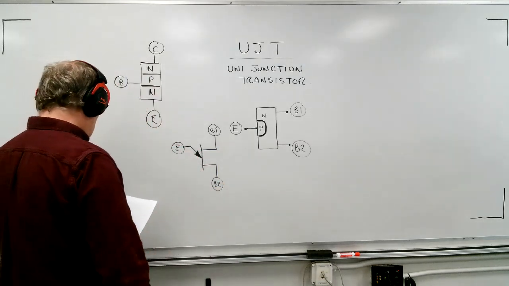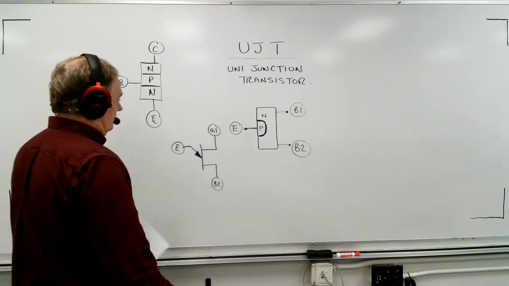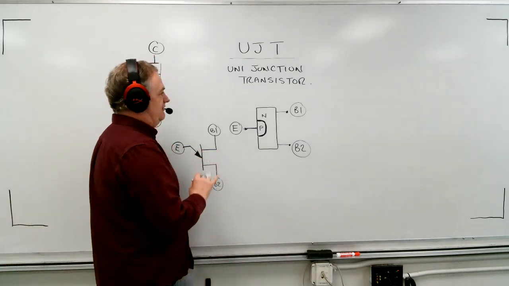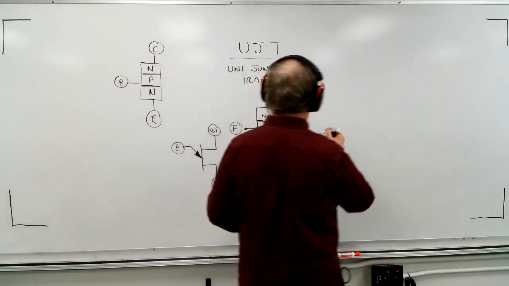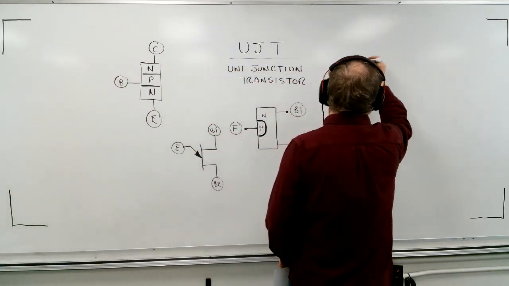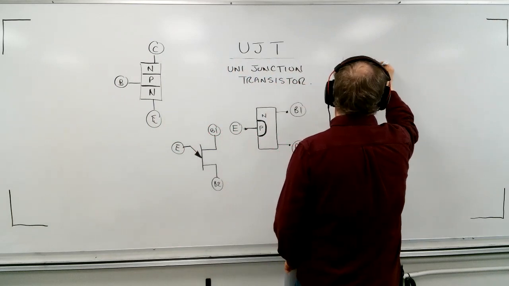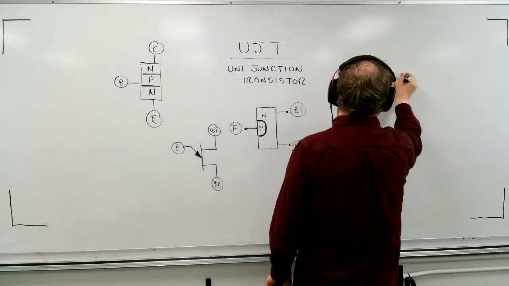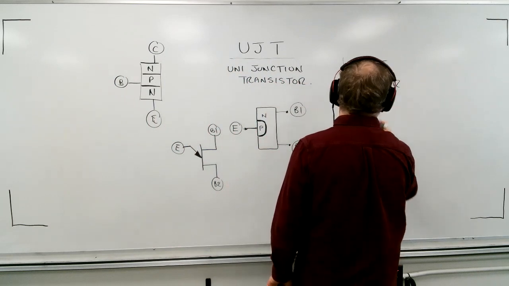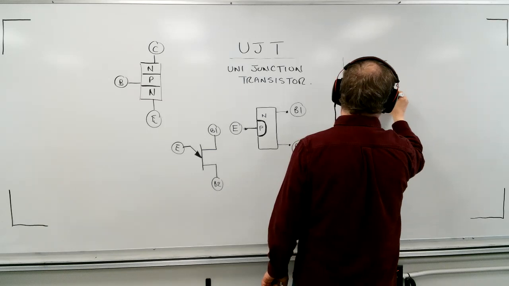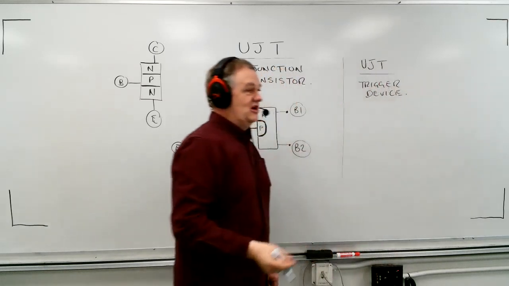What I'm going to show you is essentially not really how this connects, but I want to explain what the difference is with the UJT. First of all, the UJT is a trigger device exactly the same as the DIAC. It does the same job as a DIAC.